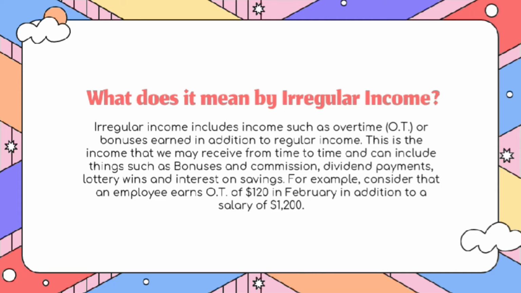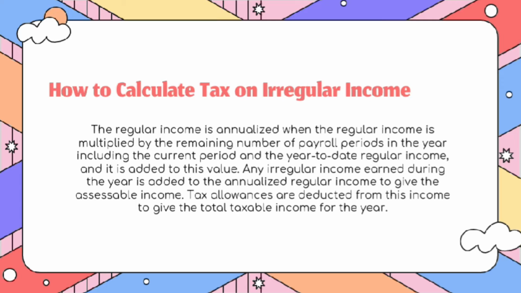For example, consider that an employee earns overtime of $120 in February in addition to a salary of $1,200. The regular income is annualized when the regular income is multiplied by the remaining number of payroll periods in the year, including the current period, and the year-to-date regular income is added to this value.